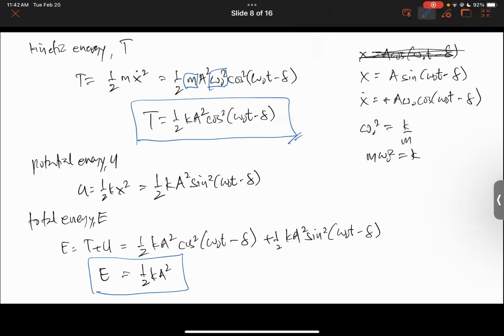Okay, notice na yung derivative ng E with respect to time is 0, which means that the energy is conserved.